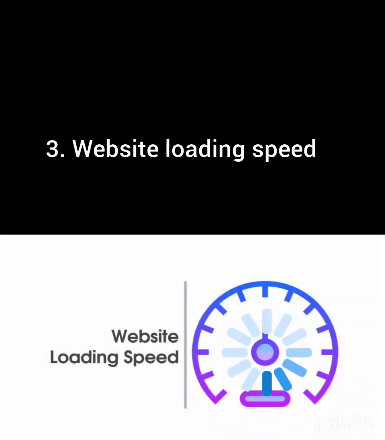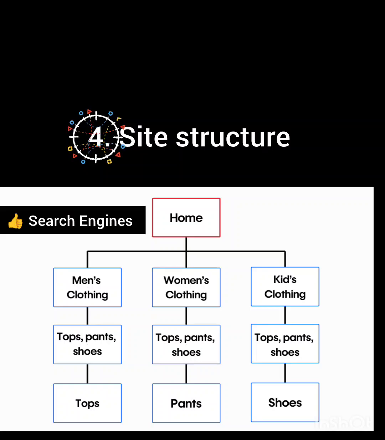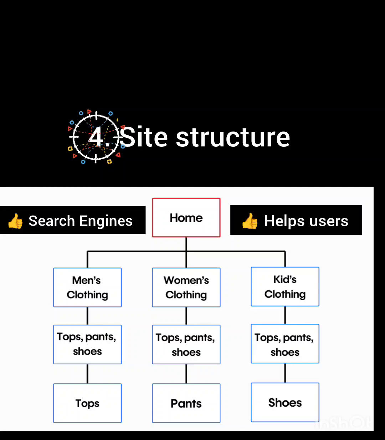Number three, I would say, is website speed, page loading time. I already mentioned how important it is, so that factor must be considered at the top of the list. Number four is site structure, which is very important. That is the way your site is structured, which helps search engines and users to use it effectively.